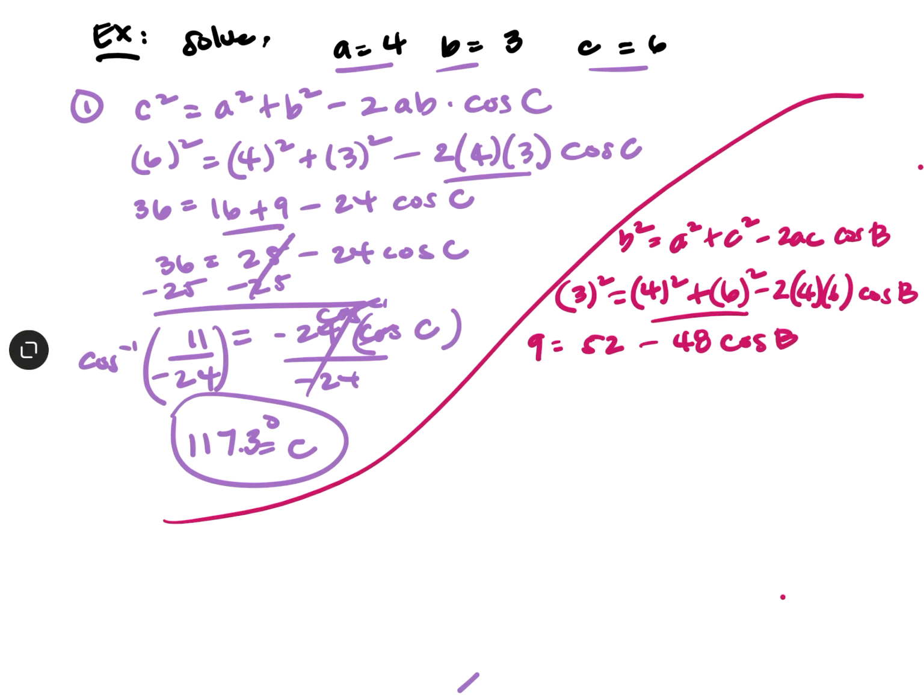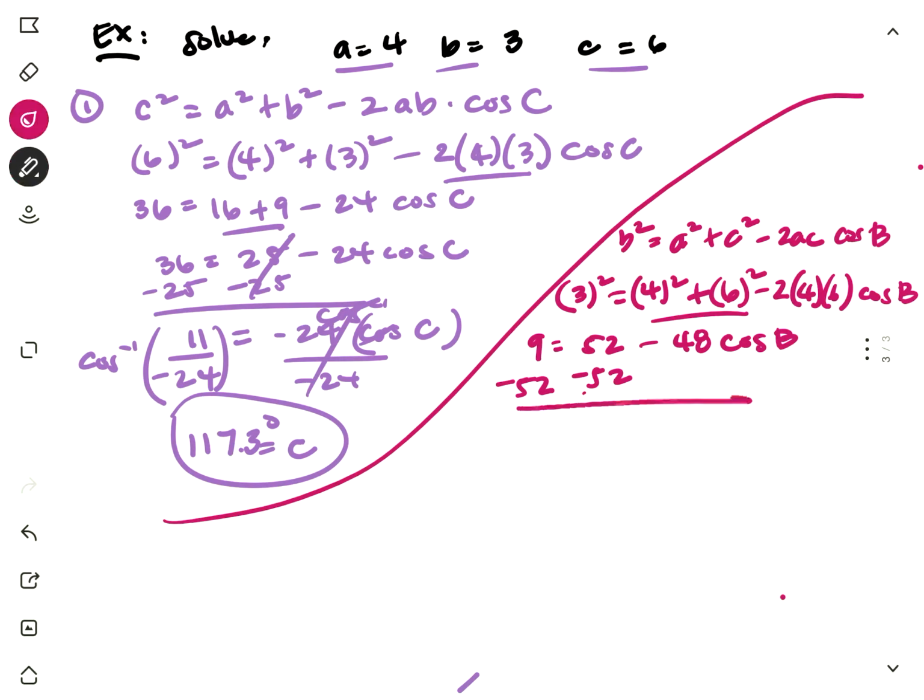Because the cosine's attached to it. So we've got to do minus 52 from both sides. Kind of screwing it up. So then we get 9 minus 52 is negative 43 equals negative 48 cosine B.